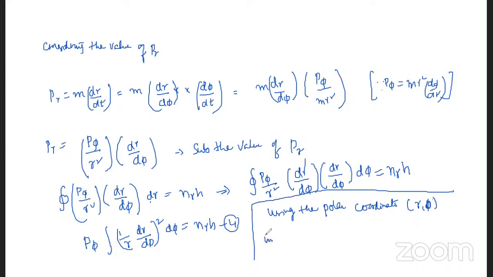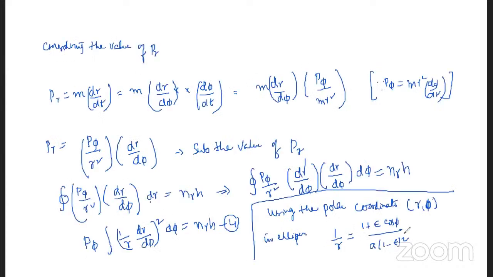So in an ellipse, we have 1 by r is equal to 1 plus epsilon cos phi by a into 1 minus epsilon whole square. By using the polar coordinates we can write this 1 by r is equal to 1 plus epsilon cos phi by a into 1 minus epsilon whole square.